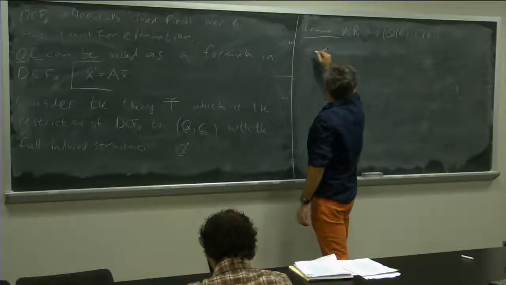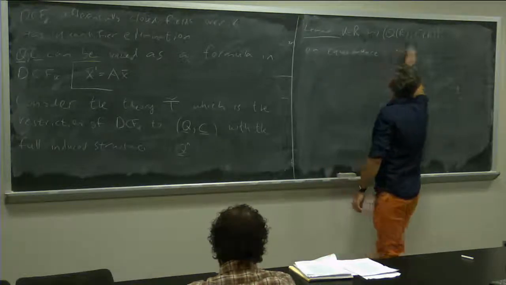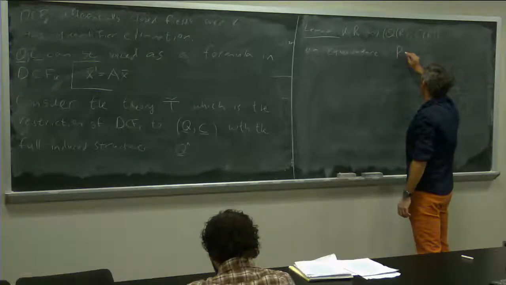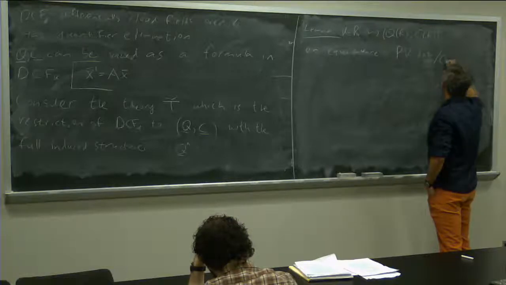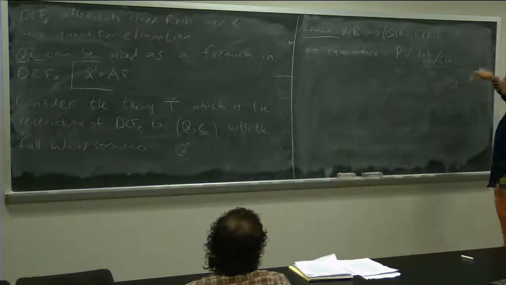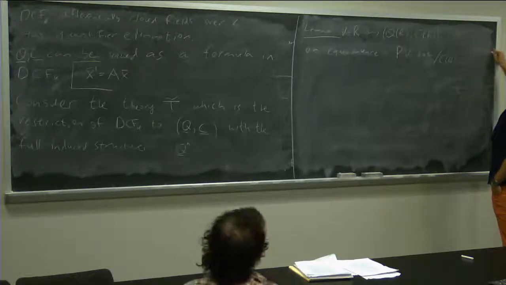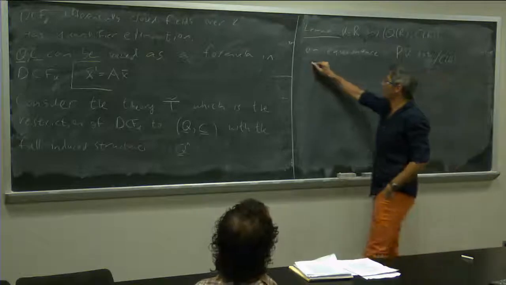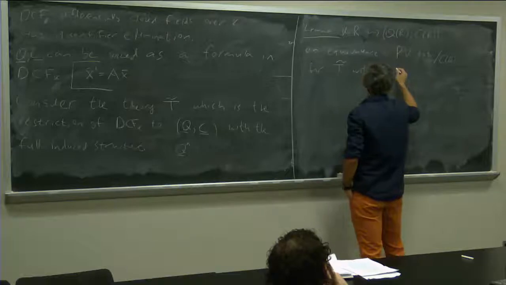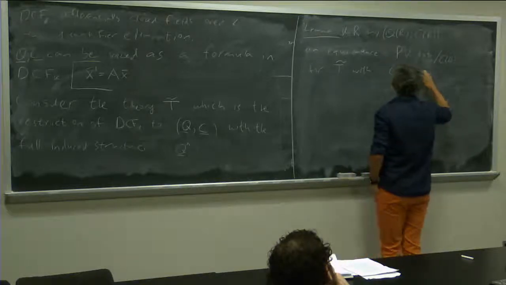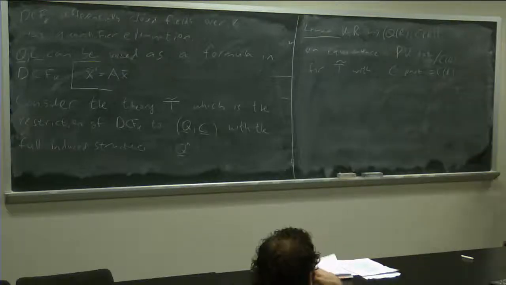So this is an equivalence from Picard-Vessiot extensions over C of R to structures T-tilde with the C part equal to C of R, okay?